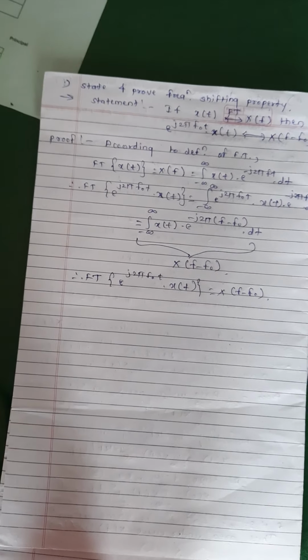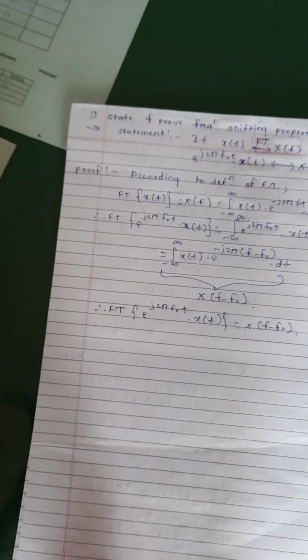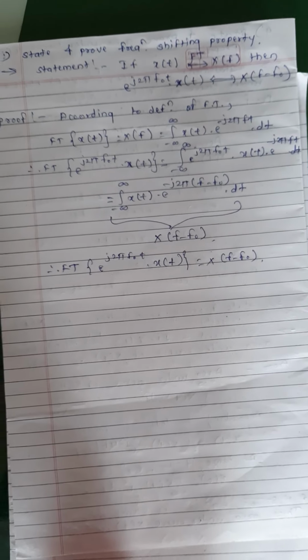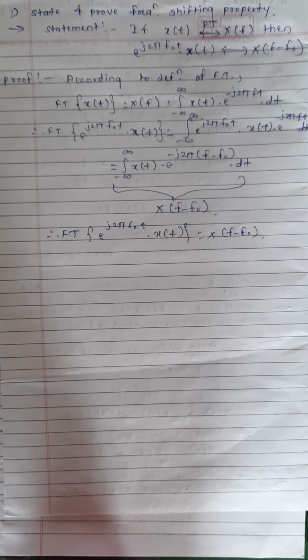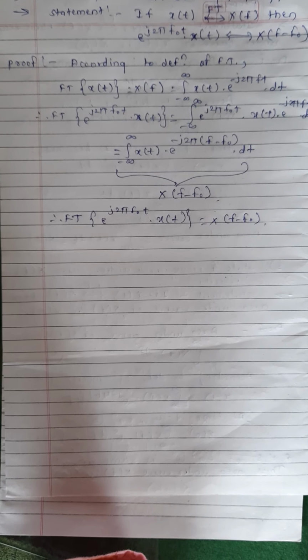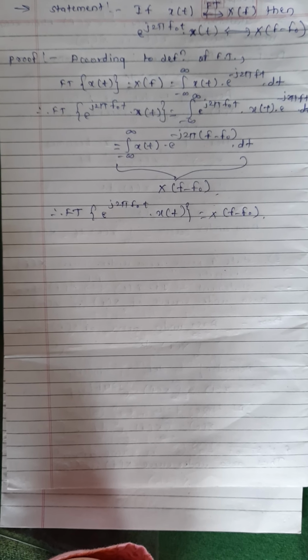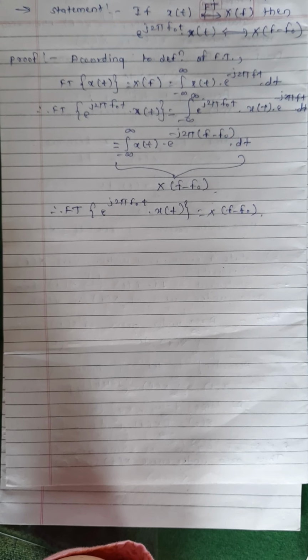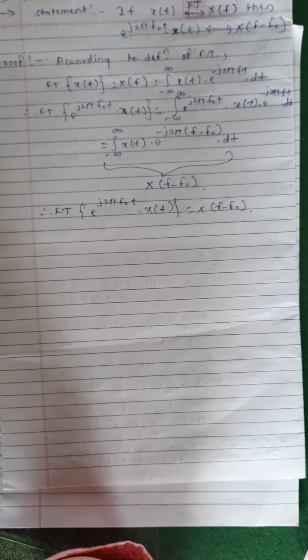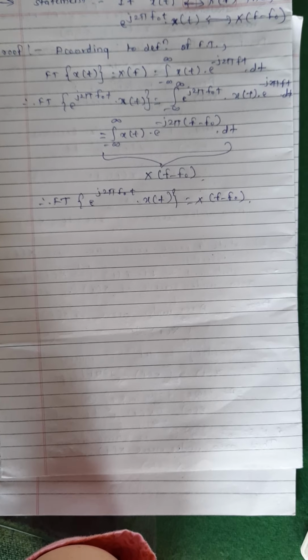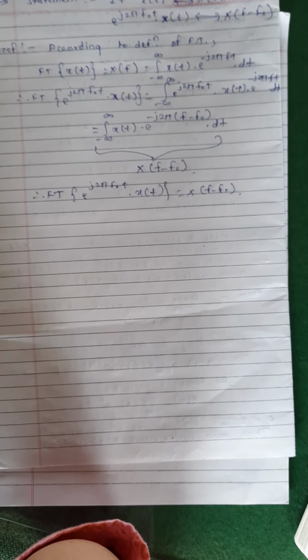The term X of f minus f0 indicates shifting of the signal in frequency domain, and it is also called shifting of spectrum. So the multiplication of the signal by e raised to j2 pi f0 t in time domain is equivalent to shifting the frequency spectrum.